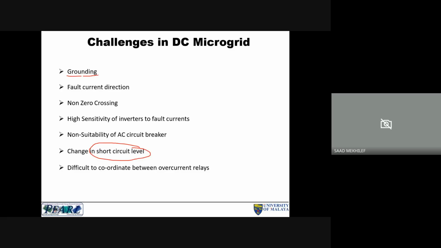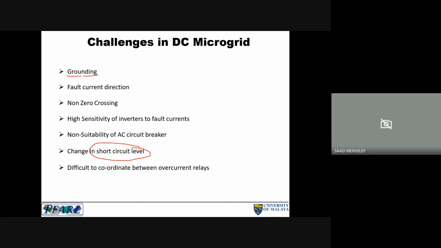Why is grounding a problem? Because we have distributed generators, and each one has its own grounding. So we have different sources, PV, wind, with different groundings. This is one of the issues.